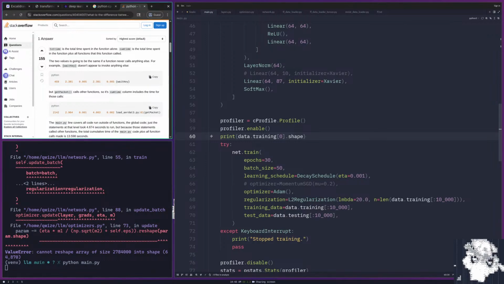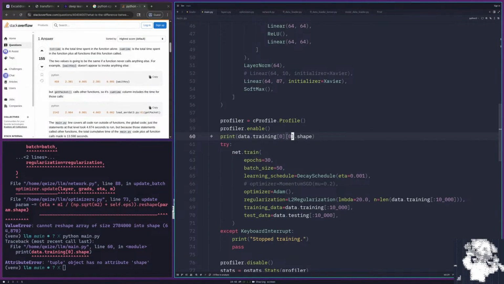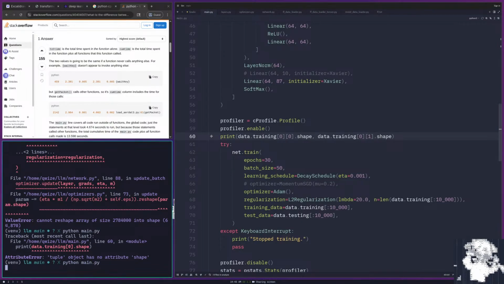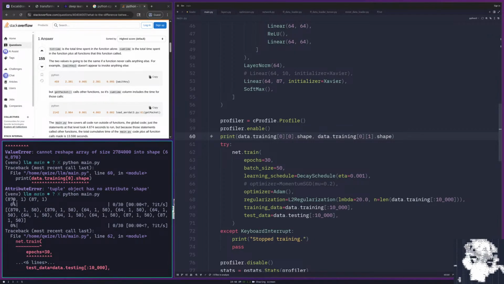Oh, that's a pair, and then what is the input and what is the output? 870 by 1, 87 by 1.